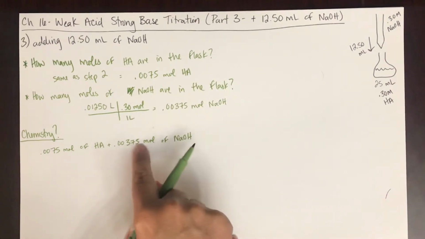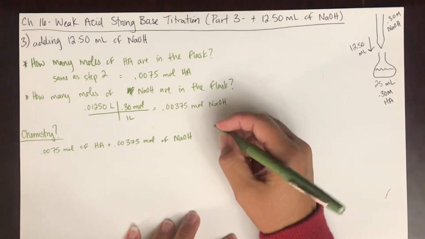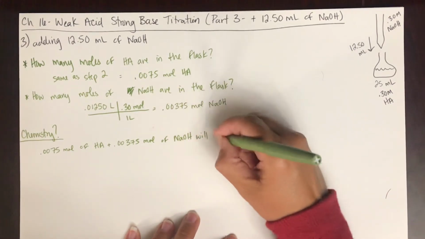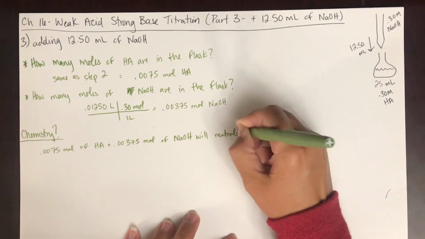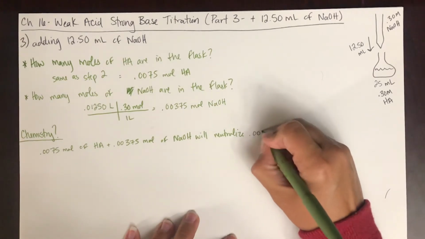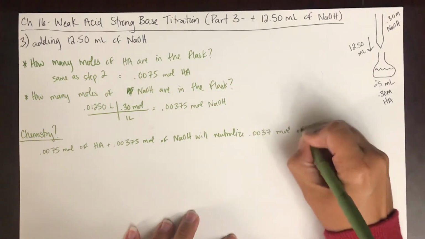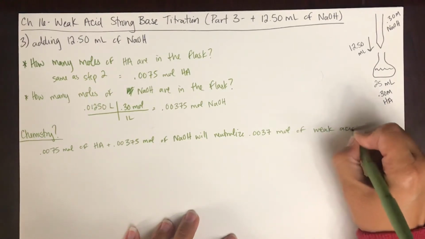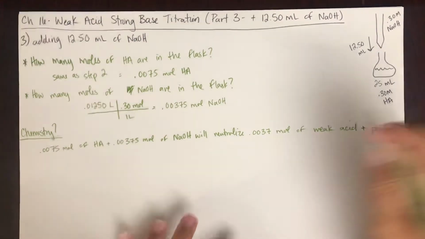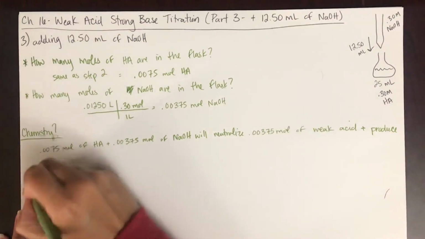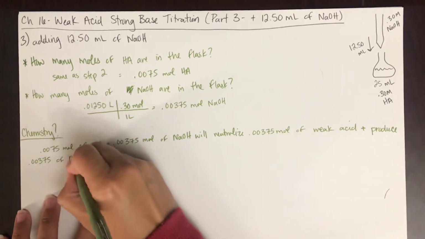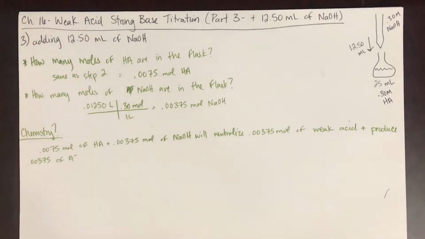The 0.00375 moles of sodium hydroxide will neutralize 0.00375 moles of the weak acid and produce 0.00375 moles of the conjugate base, just like we said in the neutralization reaction.